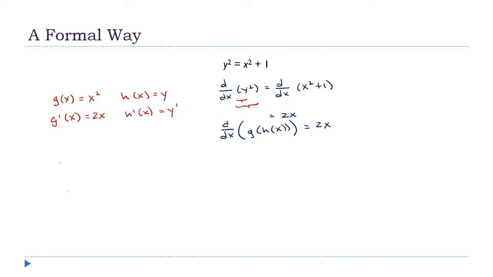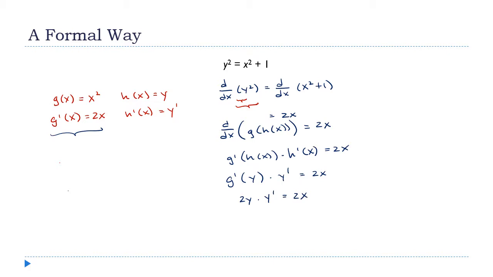My chain rule formula says this is g prime of h of x times h prime of x equals 2x. So g prime of h of x, that's g prime of y, times h prime of x, which is y prime, equals 2x. G prime is 2x, and if I put y into that, this is 2y times y prime equals 2x.